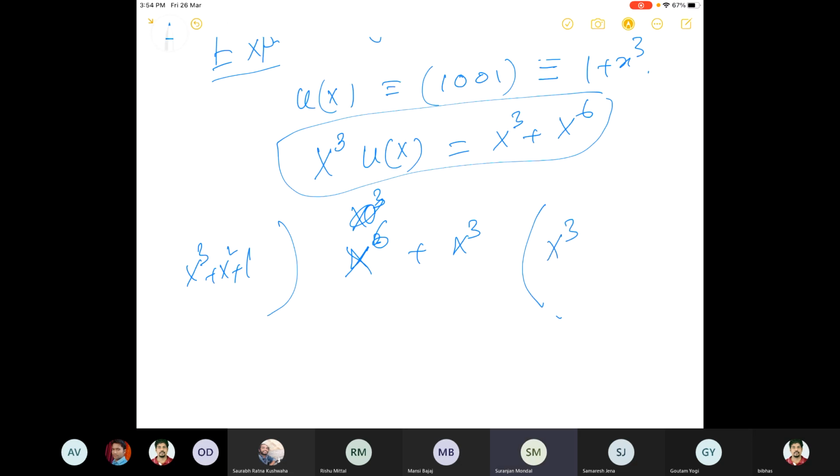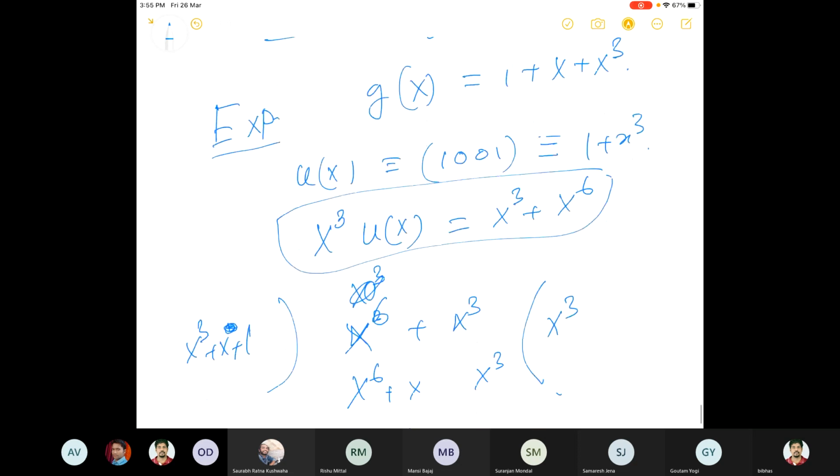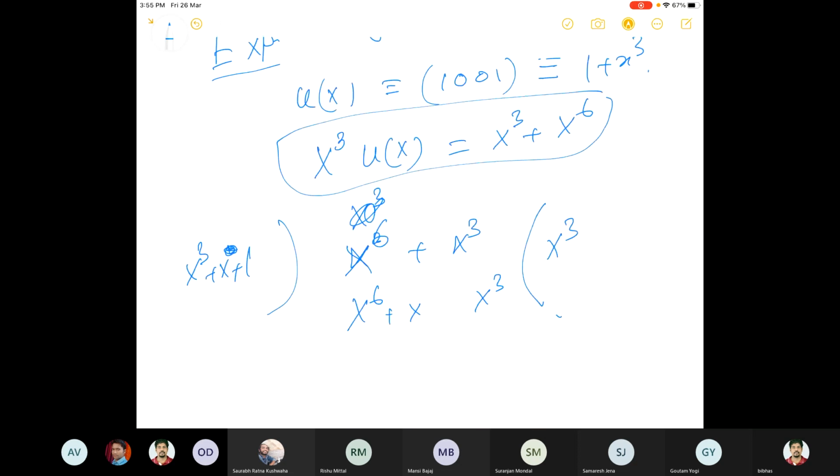Okay, if we do x cube, then it is x to the power 6. And there will also be x to the power 3 here, but there is another term. This is x to the power 4, so we got x to the power 4 here.